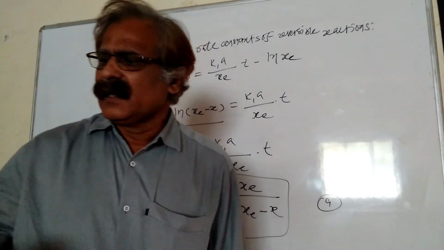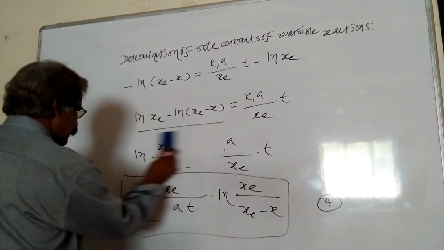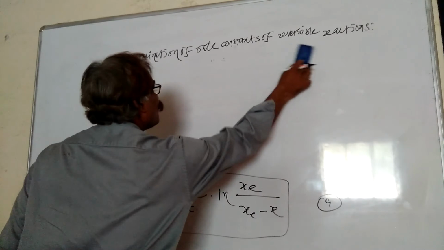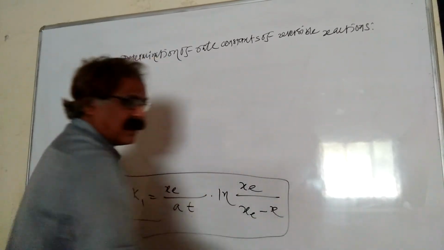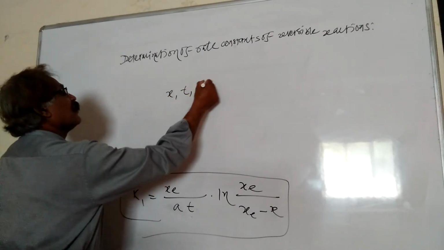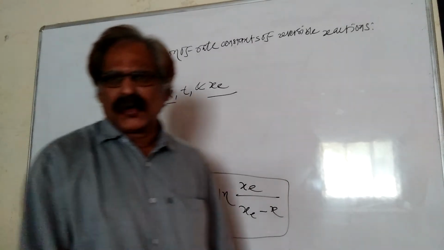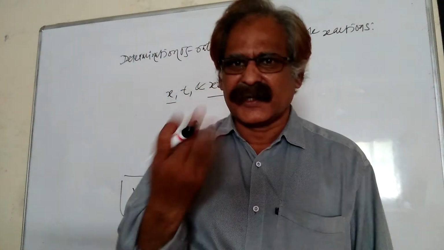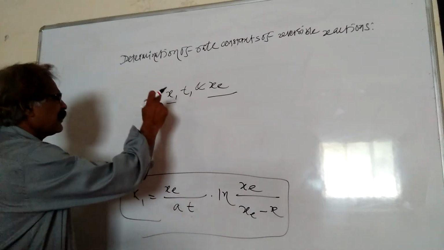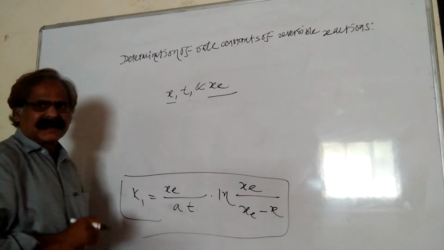In other words, the value of k1 can be calculated from the known values of x, t and xe, because a is known to us, a is the initial concentration of reactant A. So how can we determine x, t and xe?